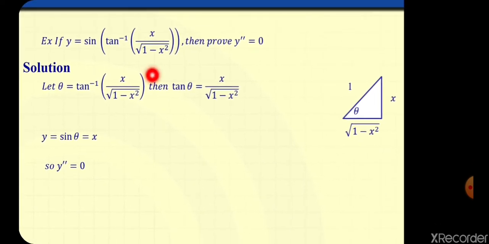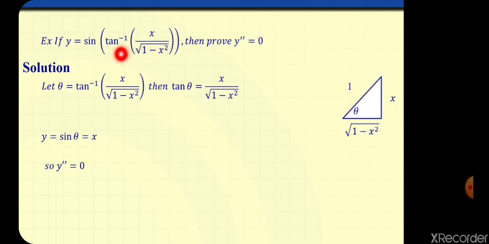If y equals sine of tan inverse of x over root 1 minus x squared, show that y double prime equals 0. This problem is quite complicated. If you wanted to find the derivative using the classical methods, you have to simplify it.